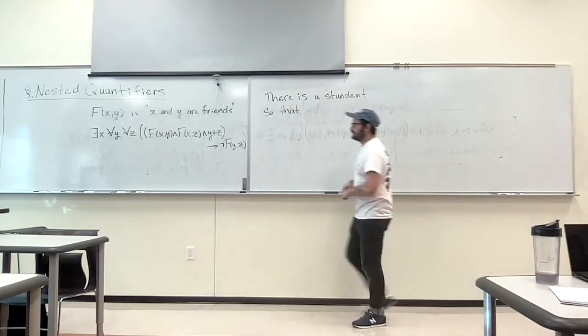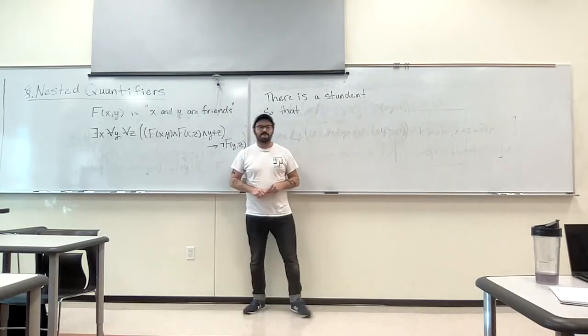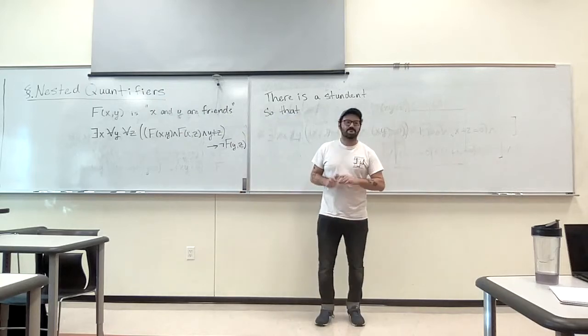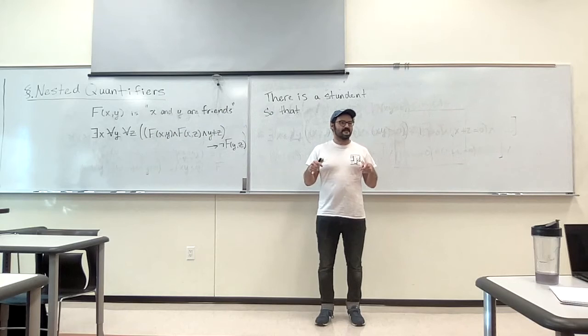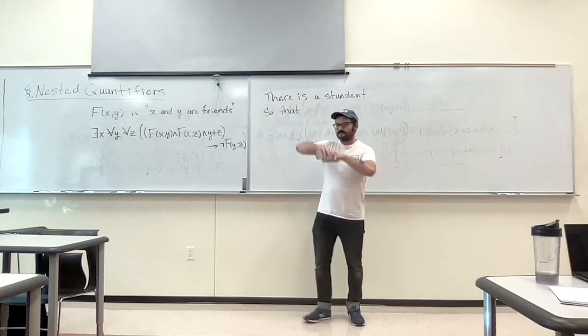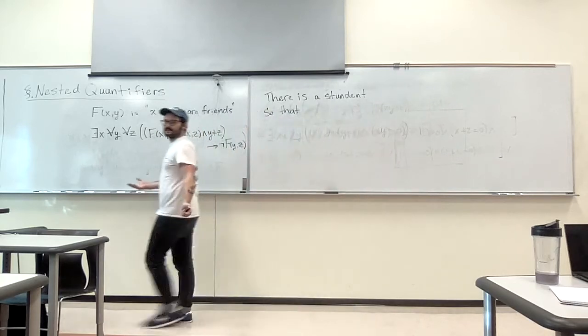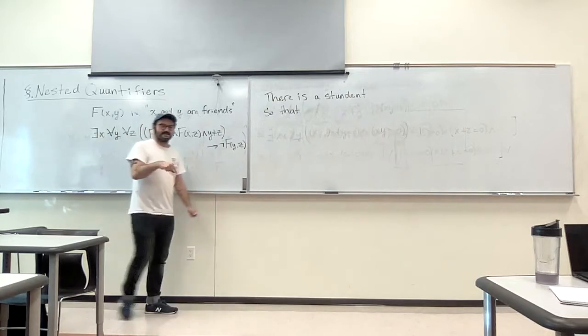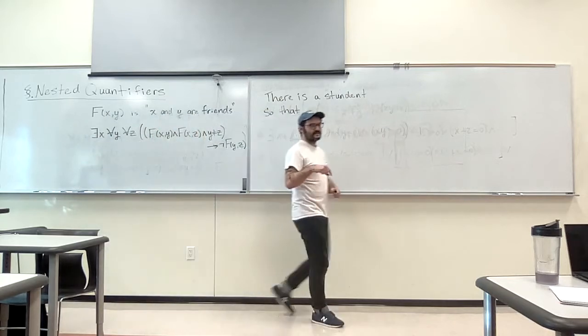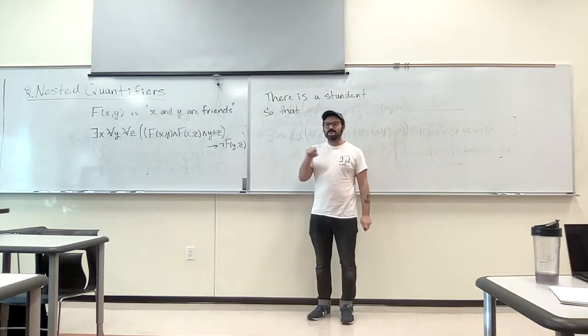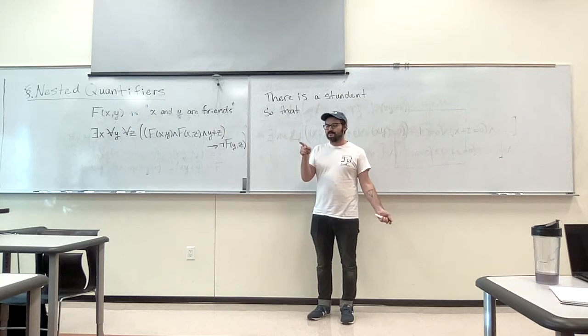Okay. Now, I'm assuming there's at least one person in here. Now let's go to the whole school, and let's look for existence. So I'm assuming one of you has two friends that go to the school. Maybe not. I've got one over here.